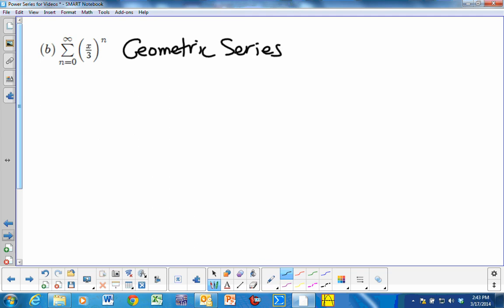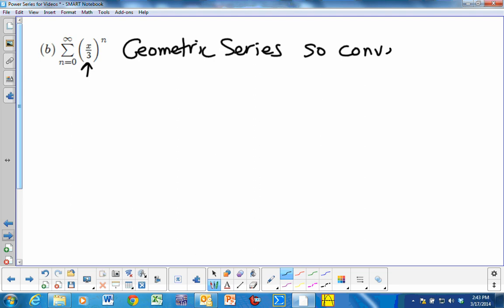And the way you can notice that is you have a constant, a number raised to the n. So that's going to be geometric. Remember, x here is playing the role of a constant. It's just various things that can get plugged in, but it's a constant. So this is a geometric series.